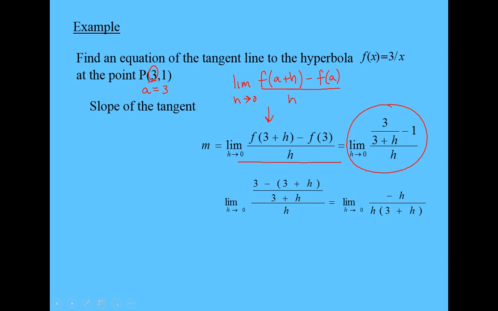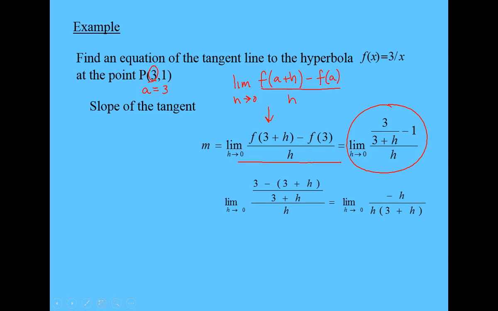Now, if we use direct substitution back where I have circled that limit, we would get 0 over 0, the indeterminate form. So we're going to get common denominators and simplify.